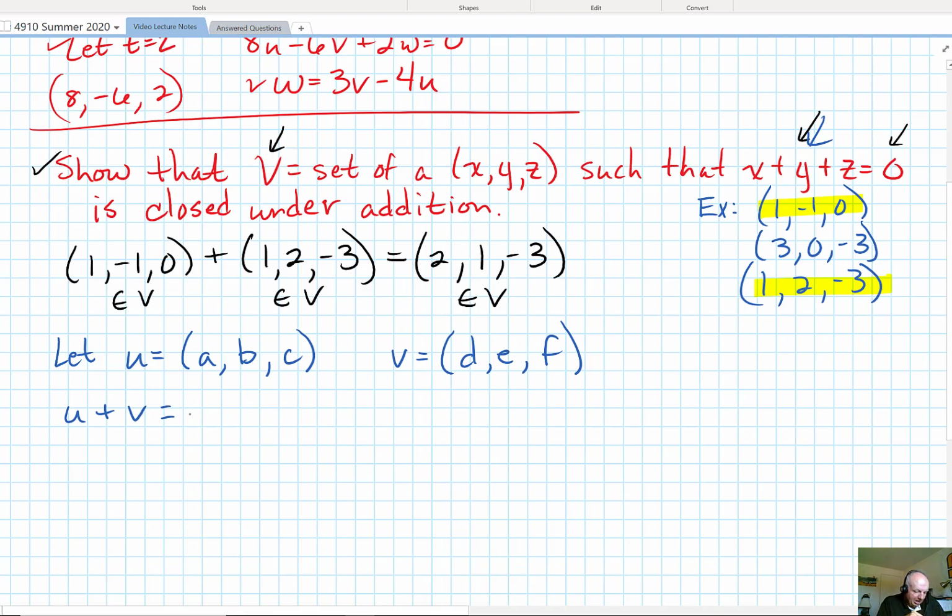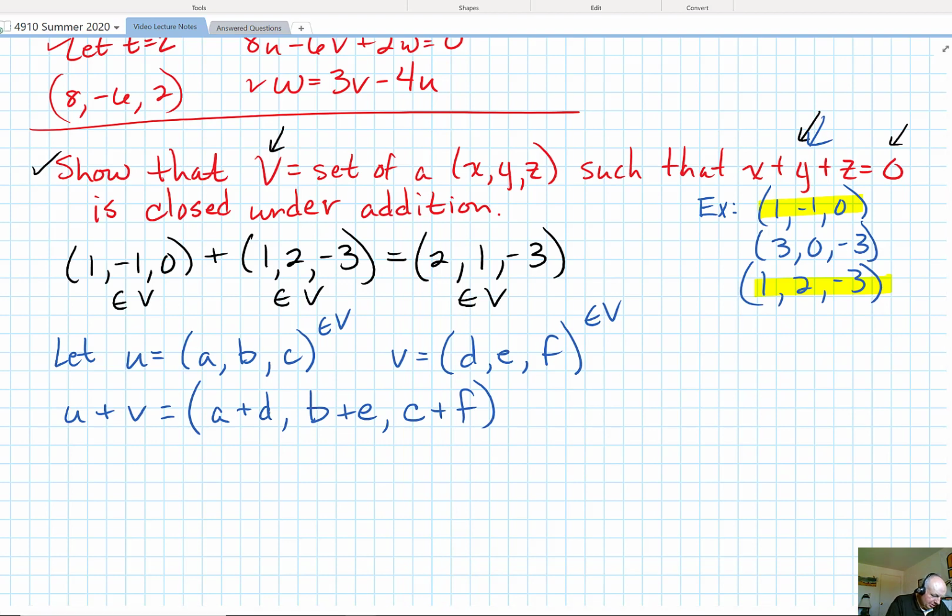And remember, I want to show that u plus v is in this subset. u's got to be in capital V and v's got to be in capital V. So if I add them together, I get this new vector, (a plus d, b plus e, c plus f). That's my new vector if I just add u and v.